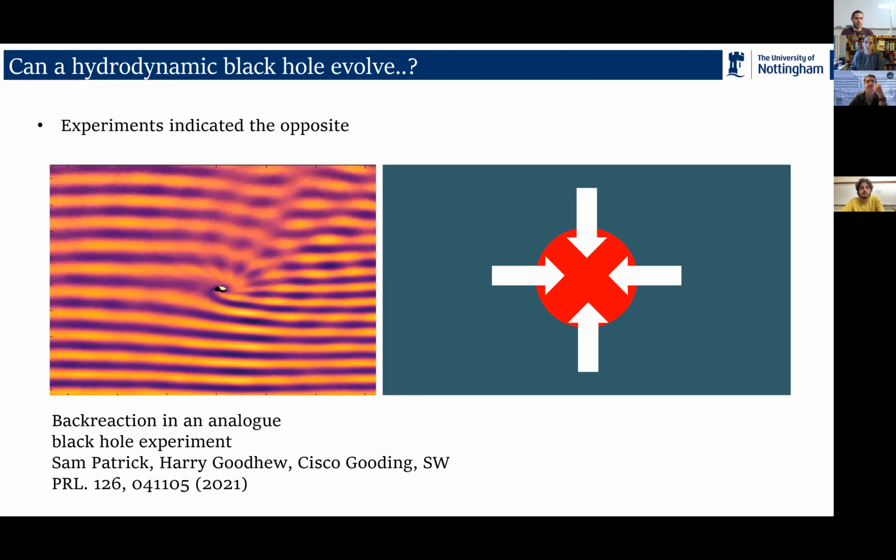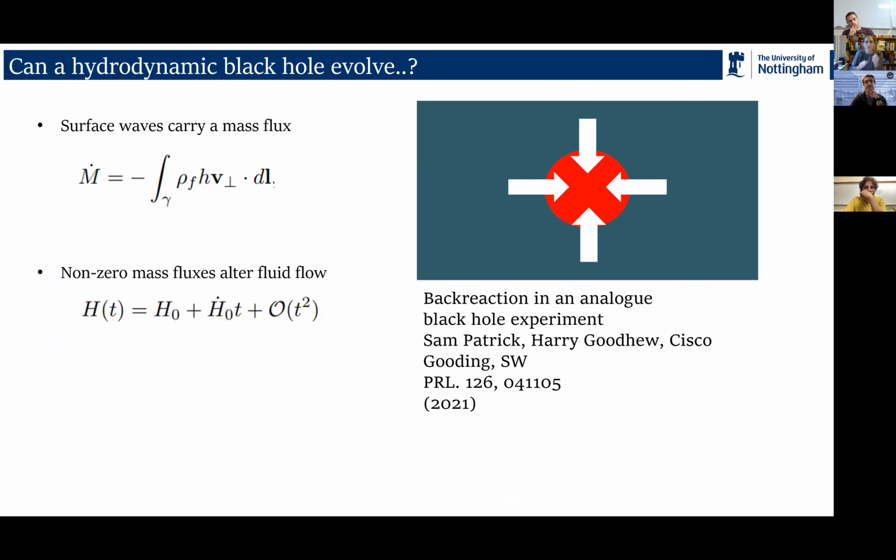And what we found is, and something Harry said, which I thought was really true, he said, well, when you have a black hole and you throw something inside, the mass of this black hole is growing. Now here, if I throw something inside that analog black hole, it just drains and leaves the system. There's nothing that can accumulate. It's not quite true, as it turns out, because surface waves, when you send them around, if you take your bathtub, you send off a little wave, that wave carries a little mass flux with it.